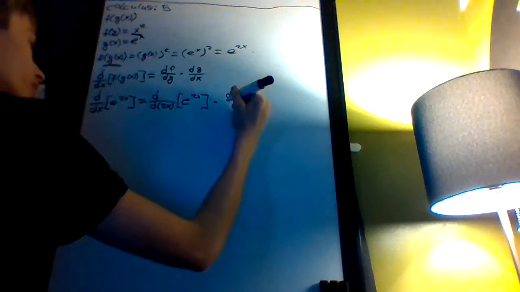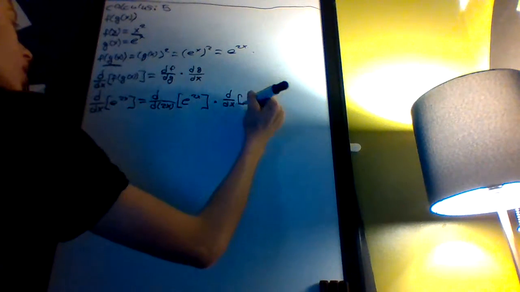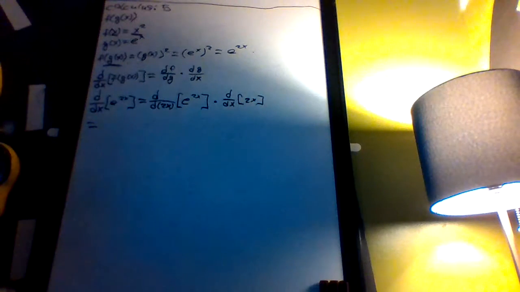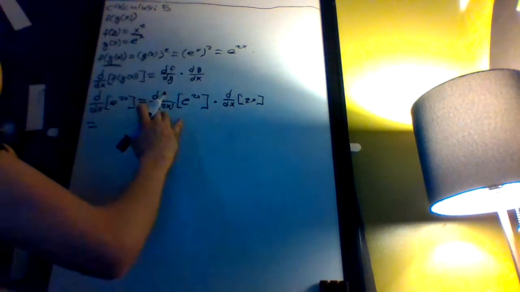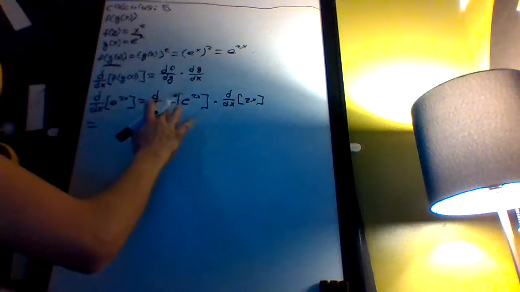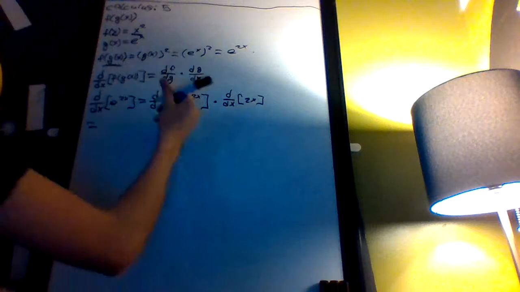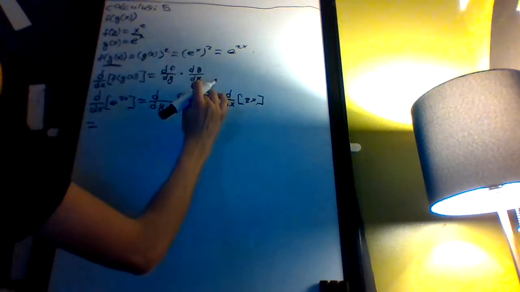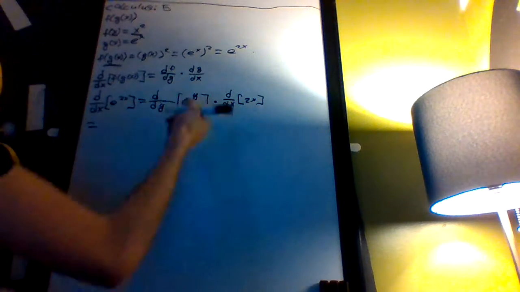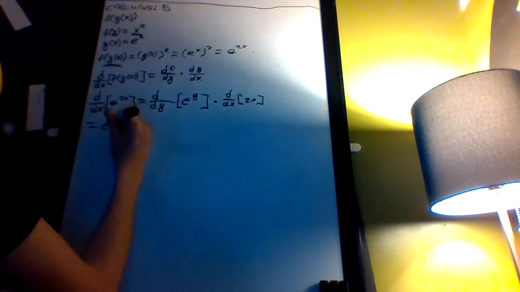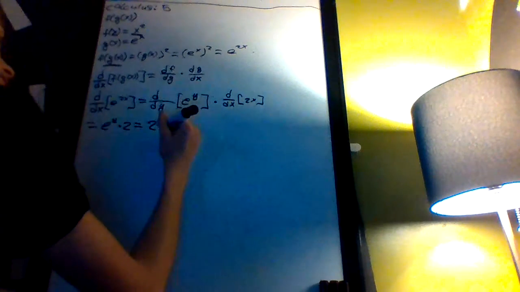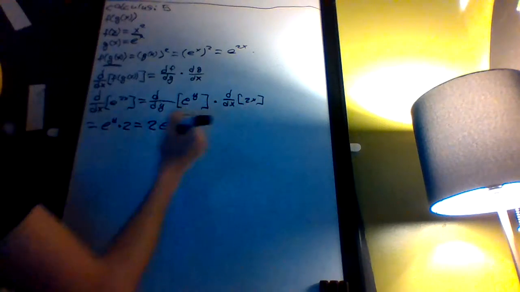Times the derivative in respect to x of 2x. Which is then going to be, well, you can kind of see what's going on here. 2x is kind of like y, right? If I make substitution y equals 2x, e to the y, right? So that's going to be, well, e to the y still, times 2. It's going to be 2e to the 2x. Okay?